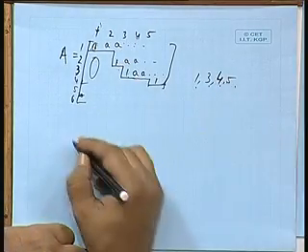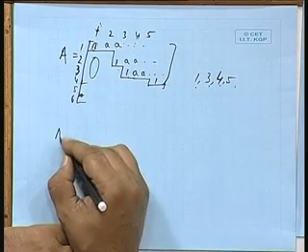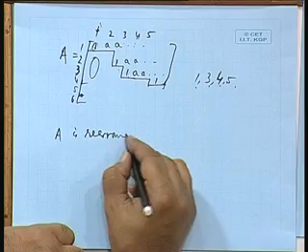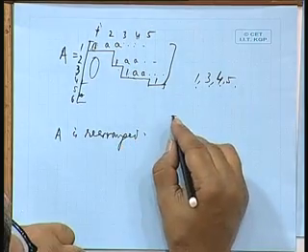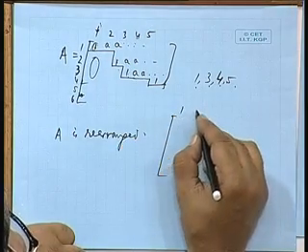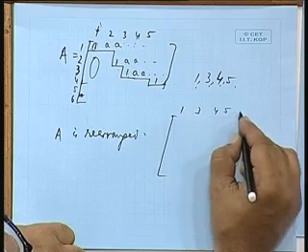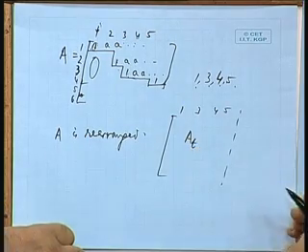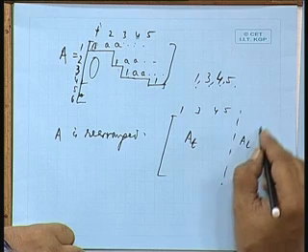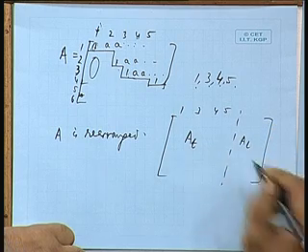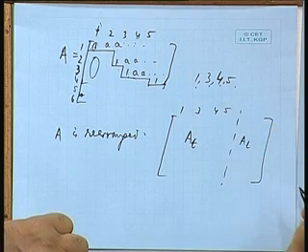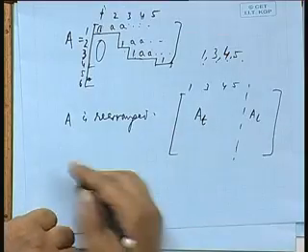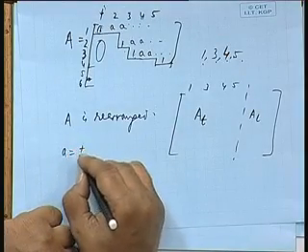So, once we have identified the elements of a tree, then we rearrange A such that we have 1 3 4 5, these are the elements corresponding to AT, and the rest of it is put separately as a submatrix AL. Here small a means plus minus 1 or 0.